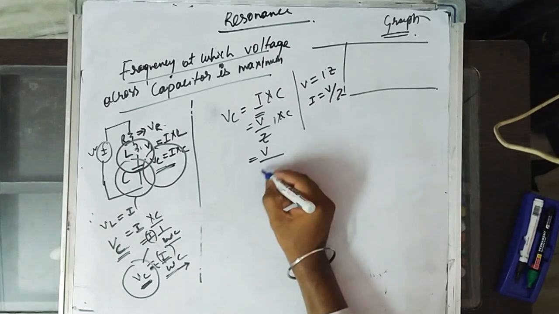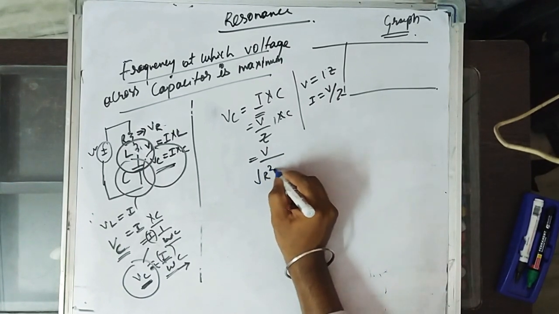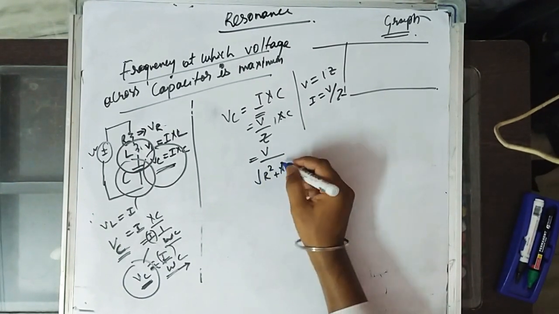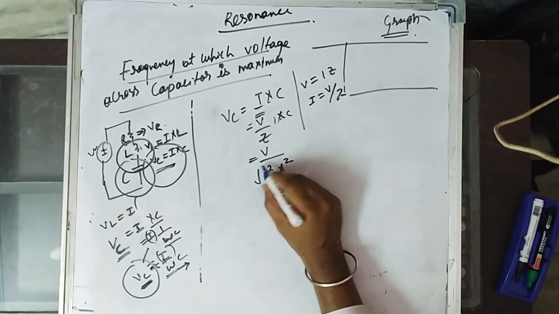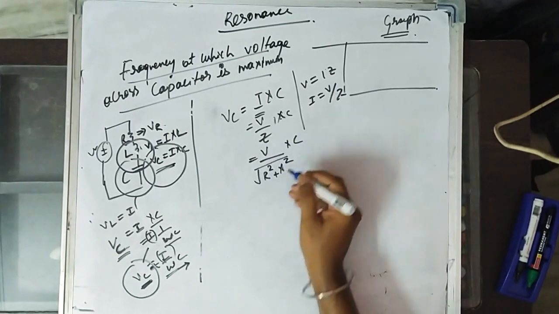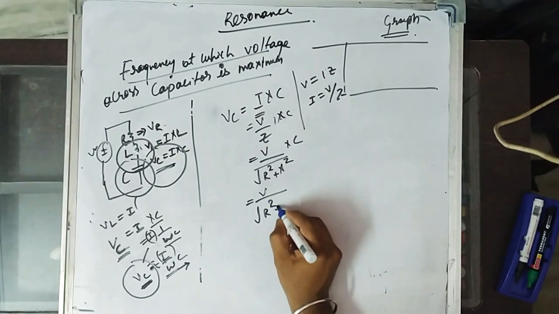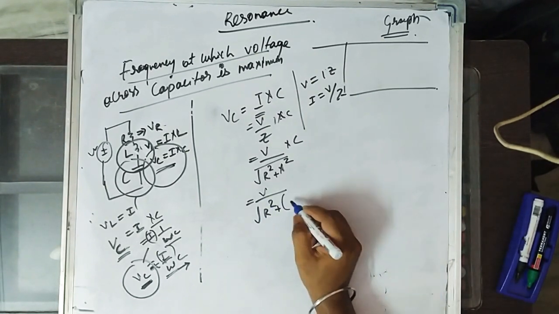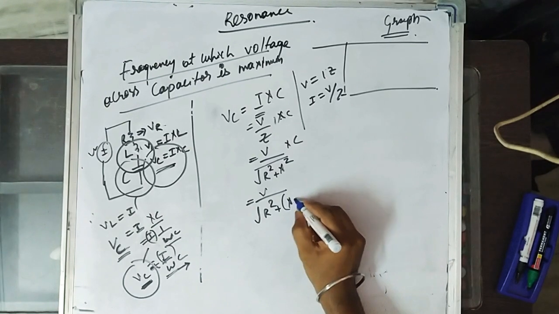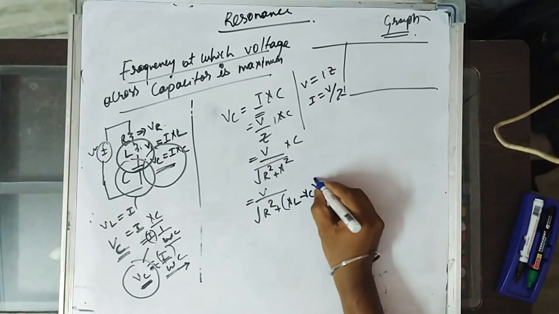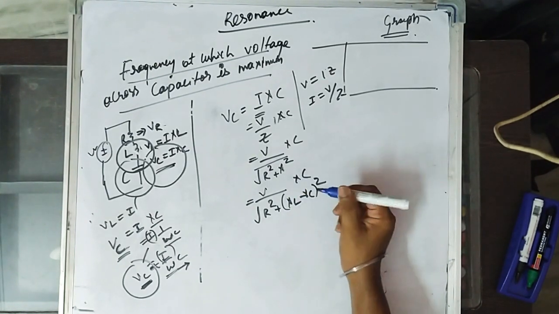Z equal to what we have: root of R square plus X square. Now this becomes root of R square plus net reactance, XL minus Xc whole square, into Xc.